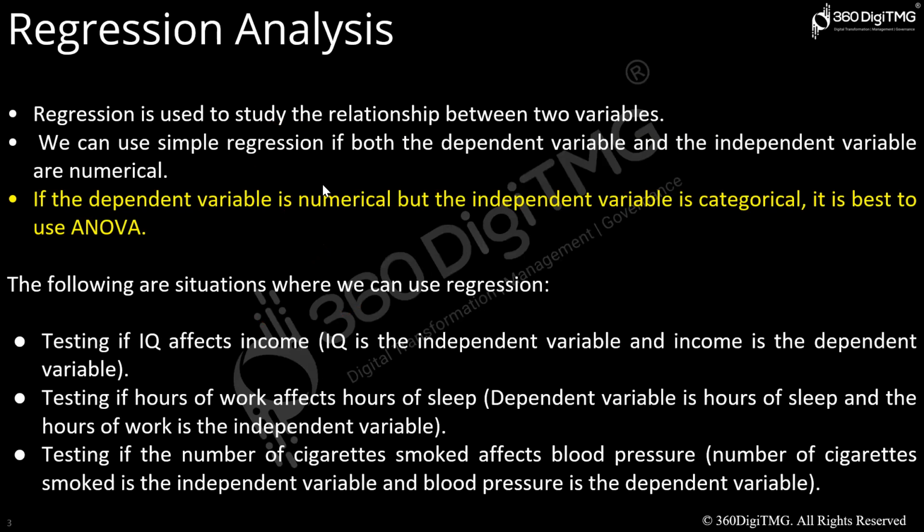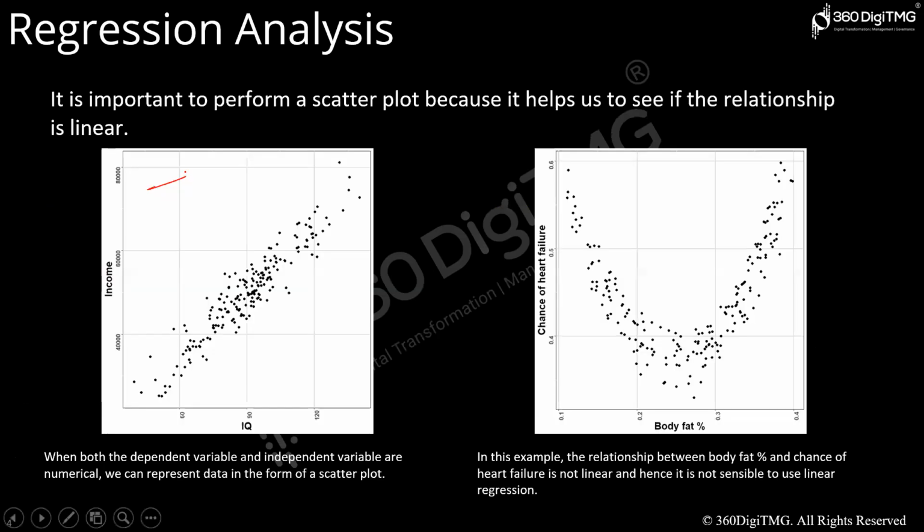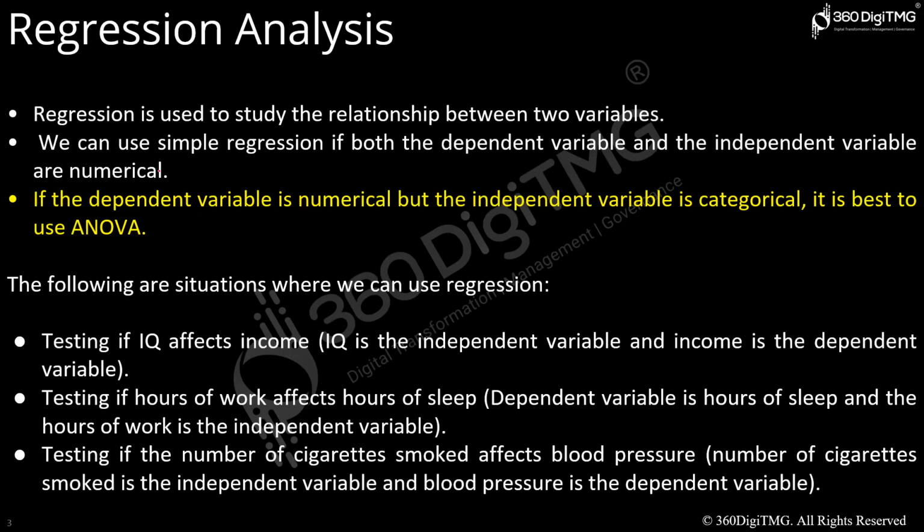Regression analysis. So why is regression used? Regression is used to study the relationship between two variables. We can use simple regression if both the dependent variable and the independent variable are numeric. Only when they are numeric can we use regression.